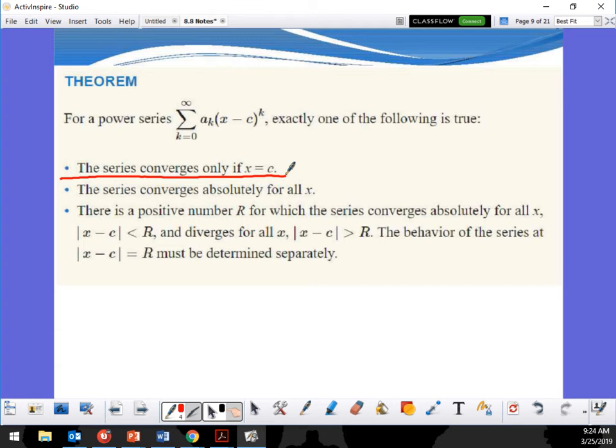Or there's a positive number r, which would be my radius, for which the series converges absolutely for all x within it, and diverges outside of that, and the behavior of the series at the endpoints must be determined separately. So we figure out what this is going to be, and see what's going to happen at each point.